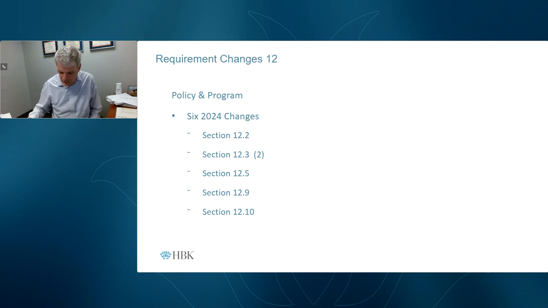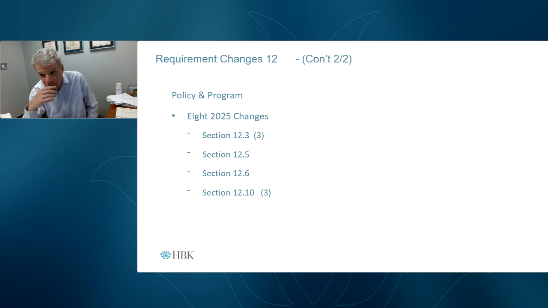So then we'll move on to the changes for next year on requirement 12. Again, there are 8 of them, 3 under both sections 12.3 and 12.10. There's a lot of talk about flexibility and frequency of when requirements are performed.